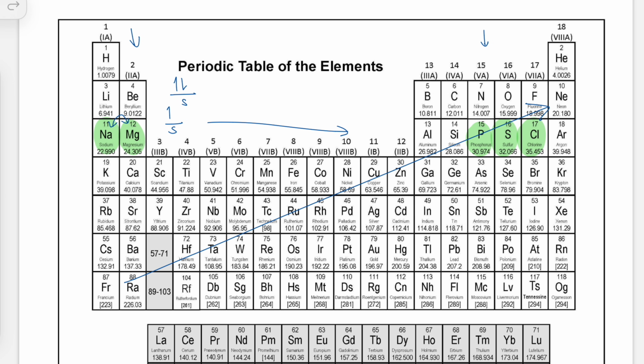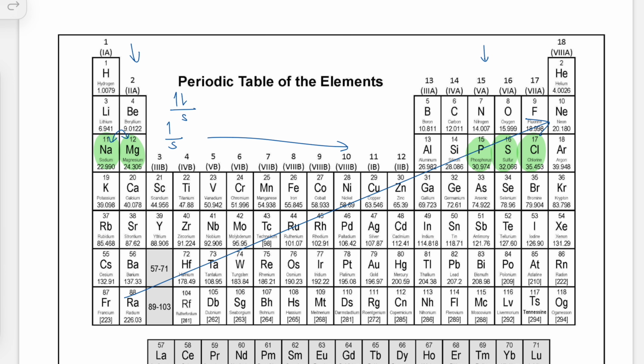And then with phosphorus again, it has the half-filled P subshell, and this actually doesn't really apply because we're not looking at silicon, but it would want it less badly than silicon would, so it would have a less negative electron affinity than silicon, but we're not really looking at that.